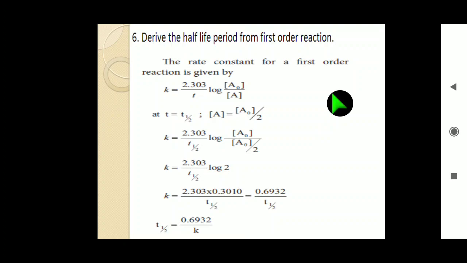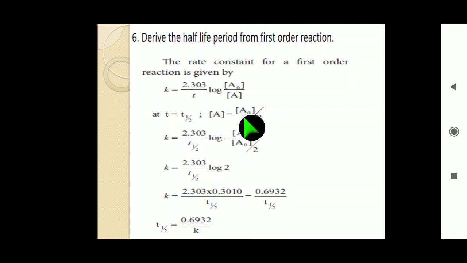Now you should apply the half-life period. The final concentration we can write as A naught by 2, and T equals T 1 by 2. The time will be half and the final concentration will be half.